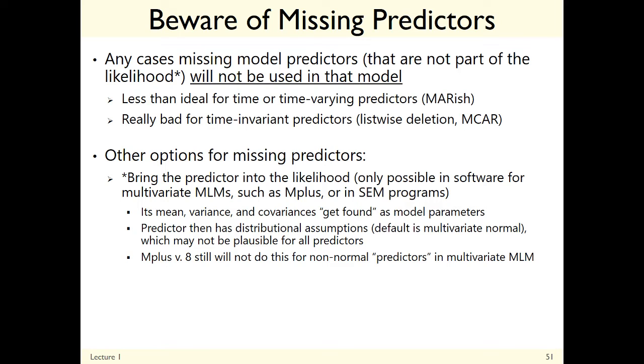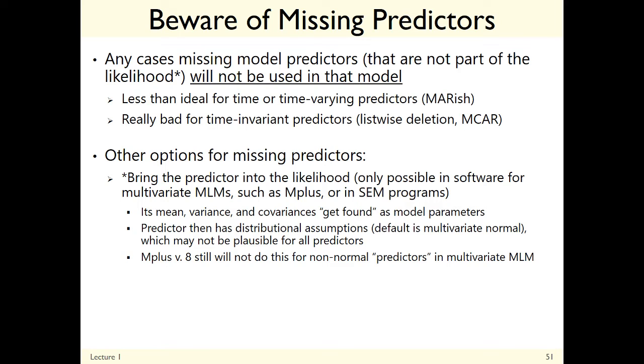What that means is that you've brought it into the likelihood so that those summary statistics are part of the algorithm that it's trying to find parameters to describe all of them. So when you make a predictor an outcome in this fashion, the good news is that you can have missingness on it. The bad news is that you then have distributional assumptions the same as any outcome. And it is only multivariate normal that you're allowed to trick this for.